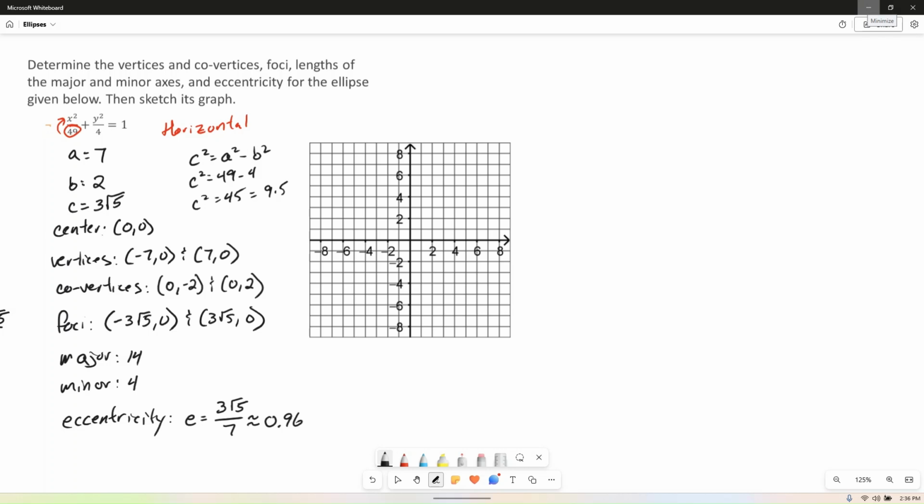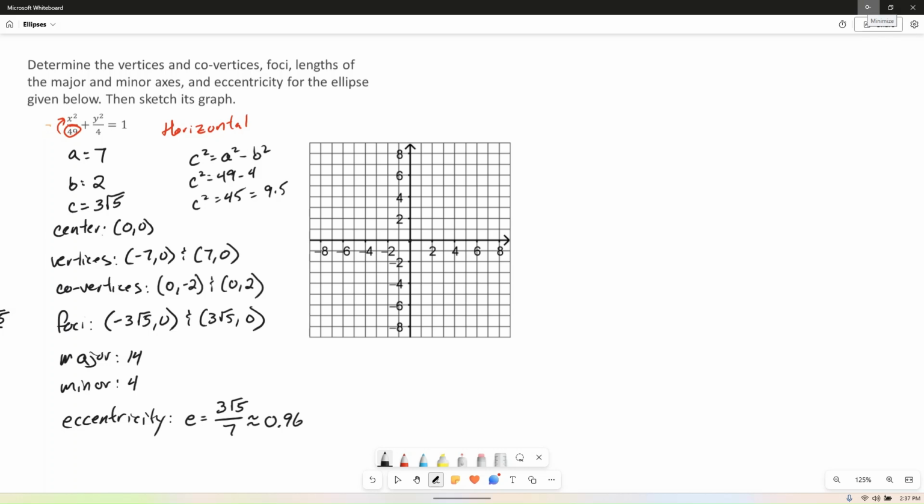A value closer to 0 would be more circular, whereas the closer to 1 it is, the more stretched the ellipse is in one direction compared to the other. This is pretty close to 1, so this ellipse should be quite a bit longer in one direction than the other, which hopefully we'll see as we graph it.